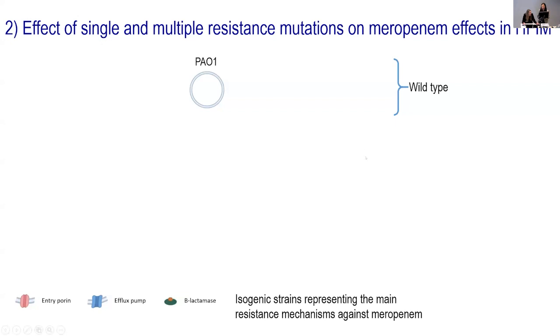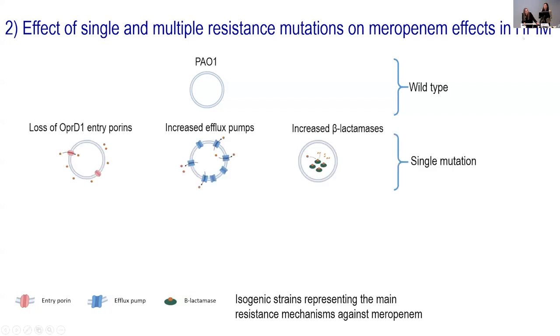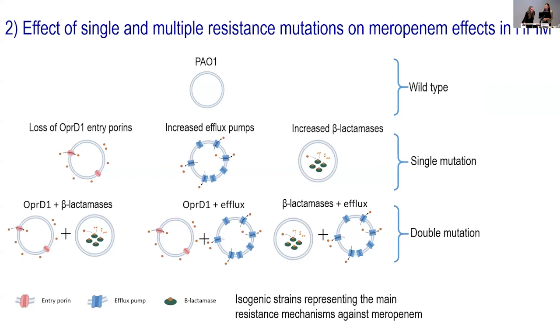In our second example, we looked at the effect of different meropenem resistance mutations on the bacterial response. For this, we looked at the main resistance mechanisms against meropenem, which are loss of porins, increased efflux, and increased beta-lactamases.